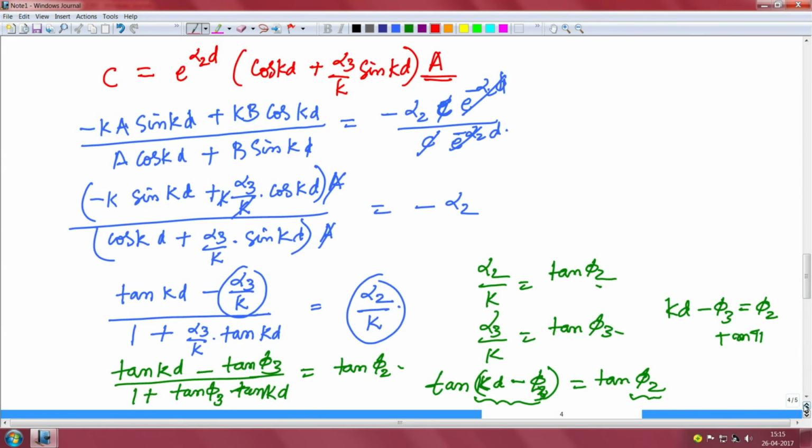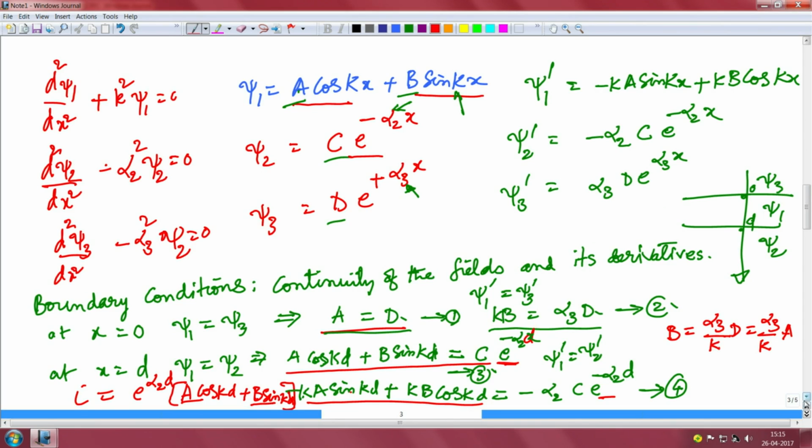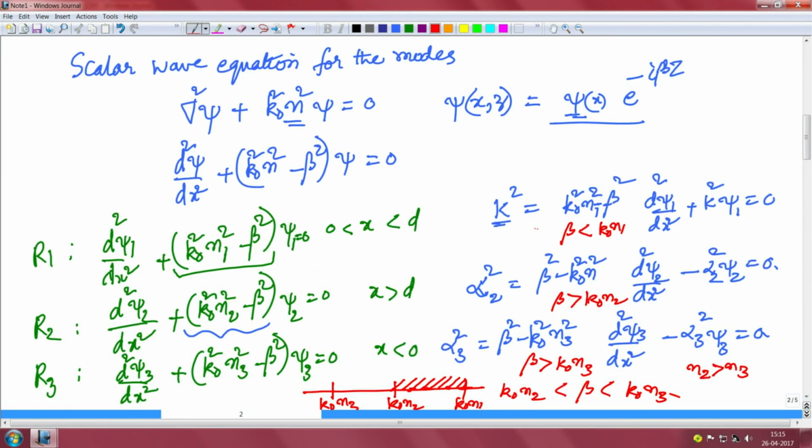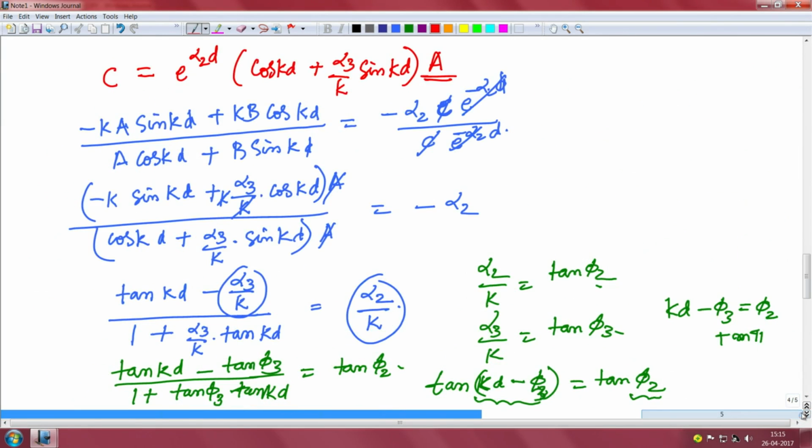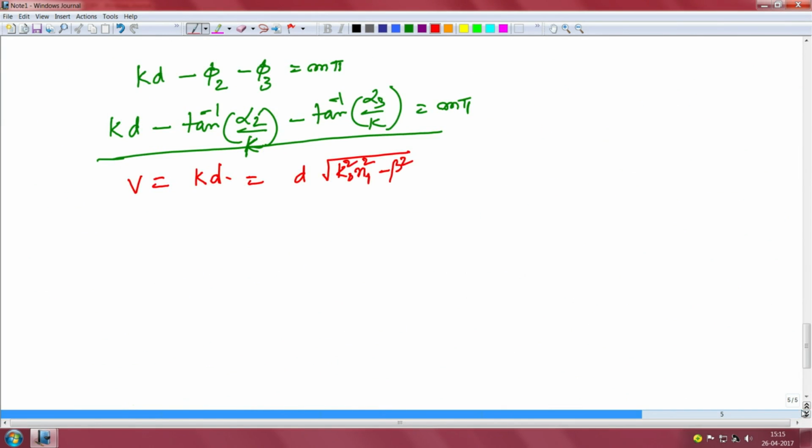Let us go back and see what is k. We have defined k as the square root of k0 square n1 square minus beta square. I will simplify this by defining an arbitrary constant, the normalized propagation constant. This can be called the V number.